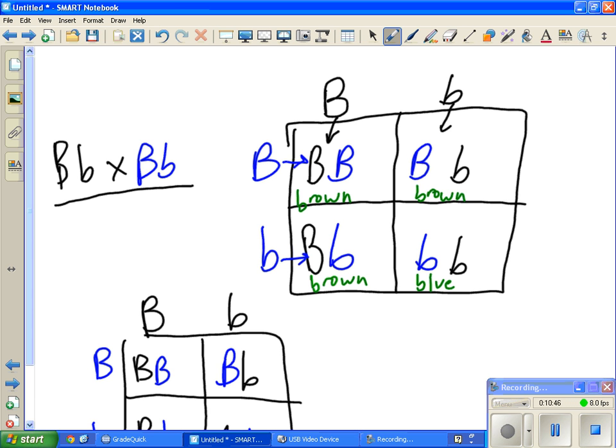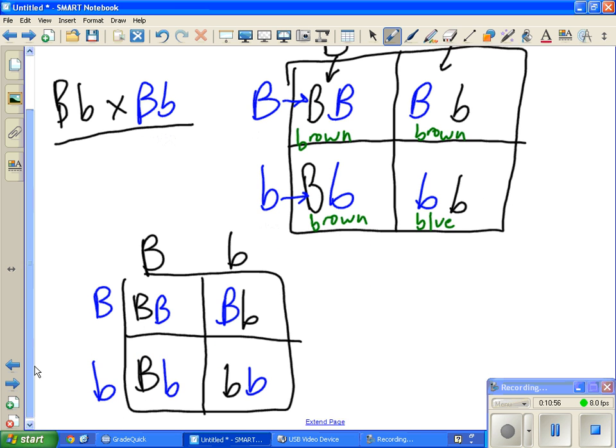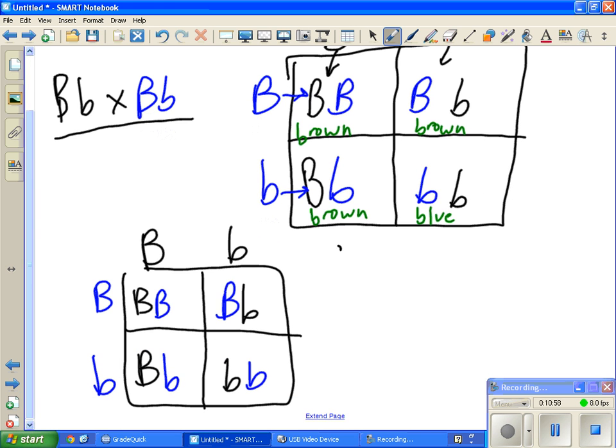So there's two ways to report the chances of your offspring having whatever types of genotypes and phenotypes. You can have a ratio or percentages.